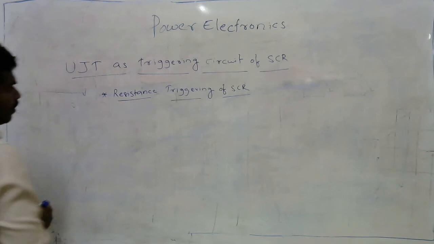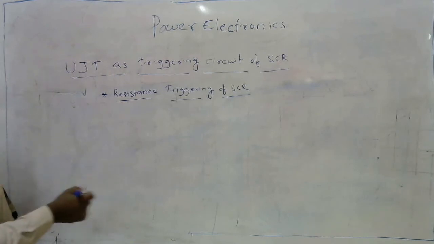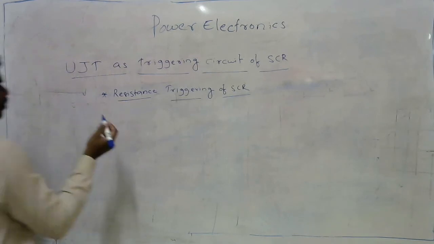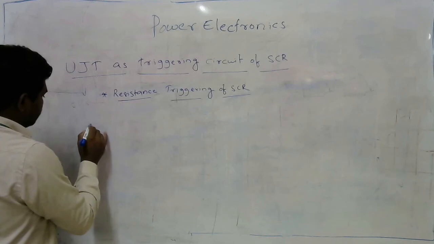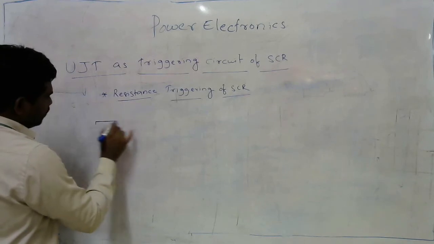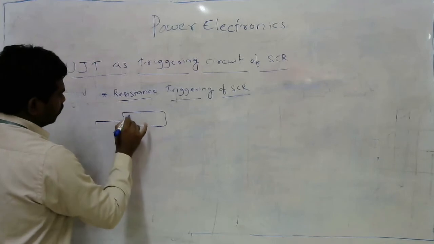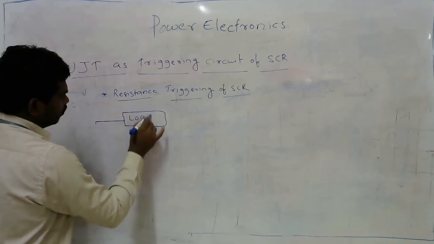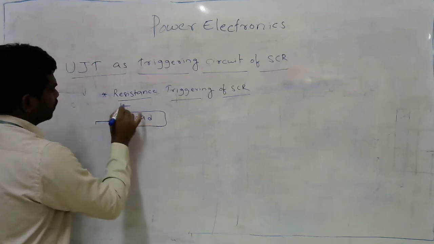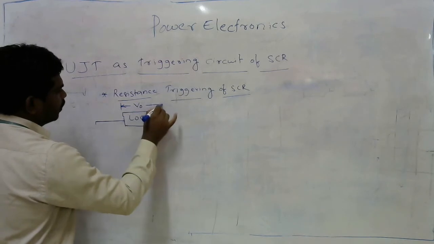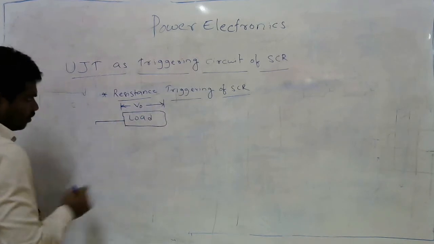In this we are using the resistance parameter more. See, this is my circuit, this is my load, and the voltage across the load I am taking as V naught as a notation.